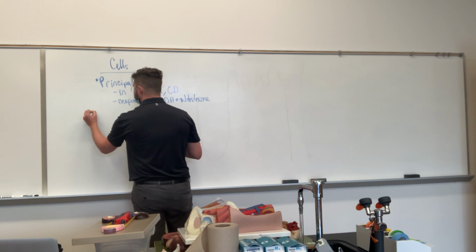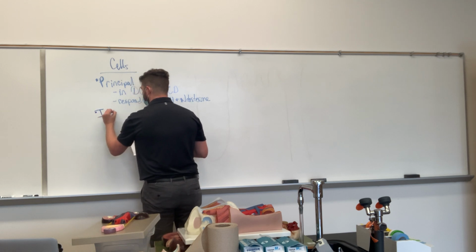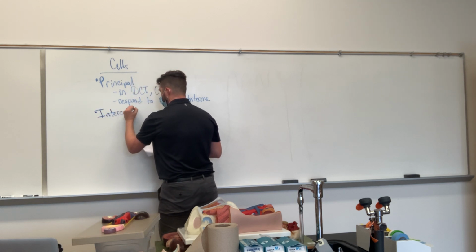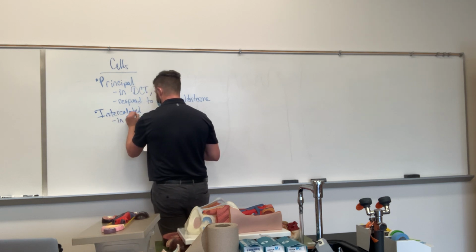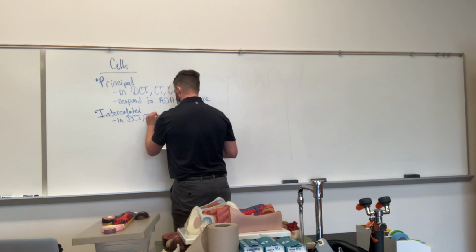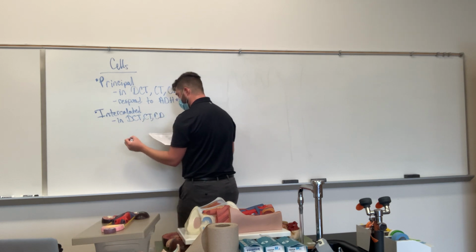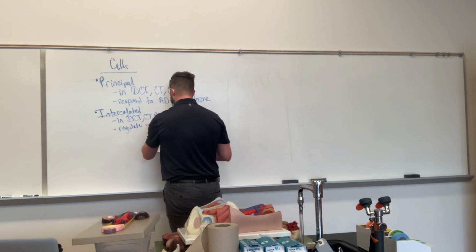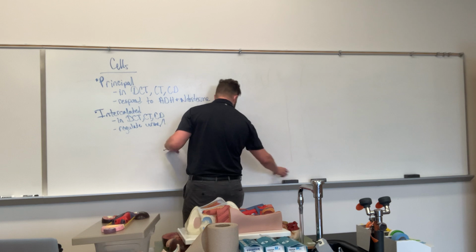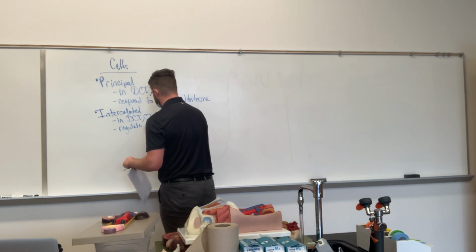The intercalated cells, these are in the same places: distal convoluted tubule, collecting tubule, collecting duct. They regulate blood pH. Not urine, blood pH.